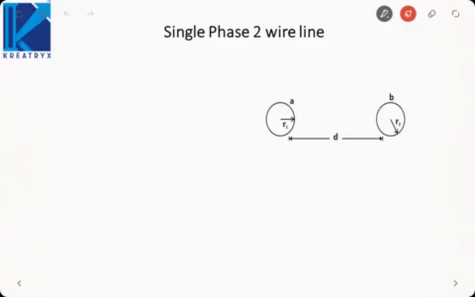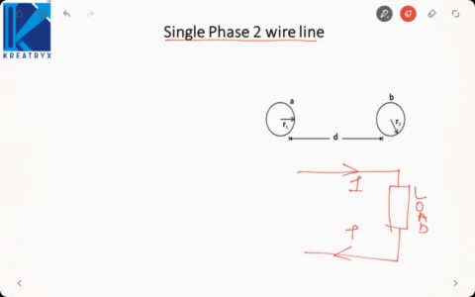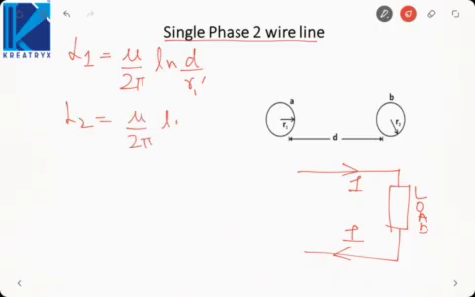Okay, next let us consider the single phase two wire line. Now the single phase two wire line is something like this. It delivers a load. Here current is I. So the inductance of the first wire will be mu by 2 pi ln d by r1 prime. Inductance of the second would be mu by 2 pi ln d by r2 prime.